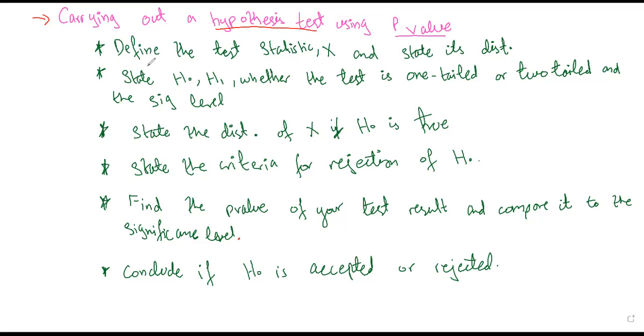Define the test statistic, that basically is denoted by X. Let's talk about this part only. Let's say you are trying to see if your dice is biased towards 6 or not. Let's talk about a regular dice in which you have 6 sides.